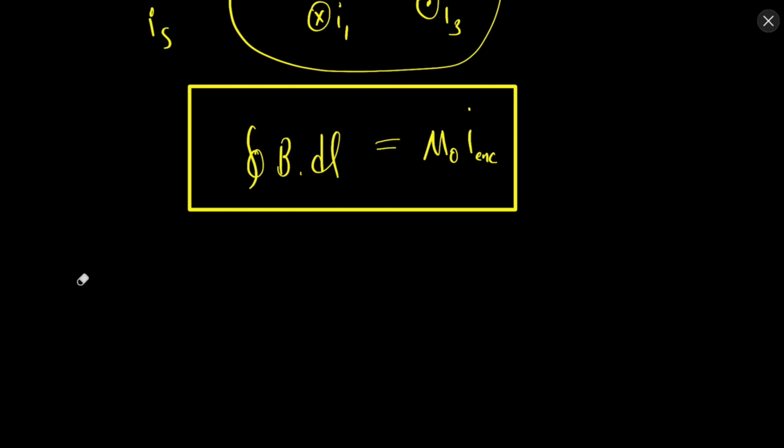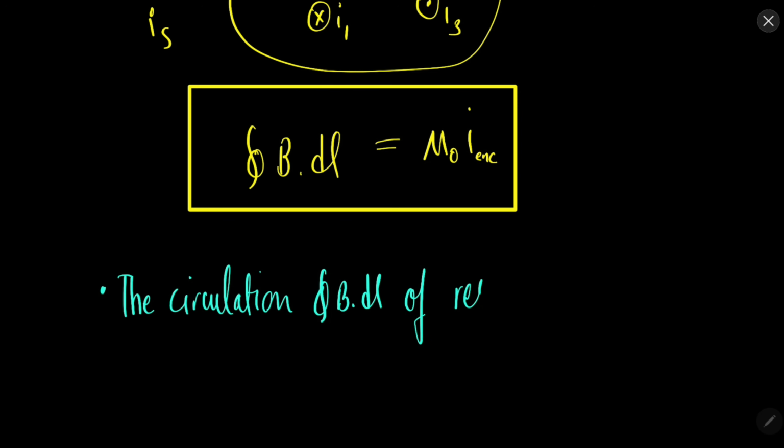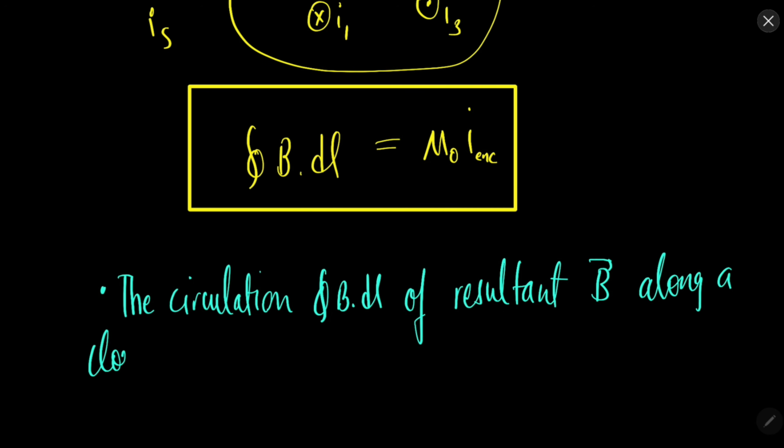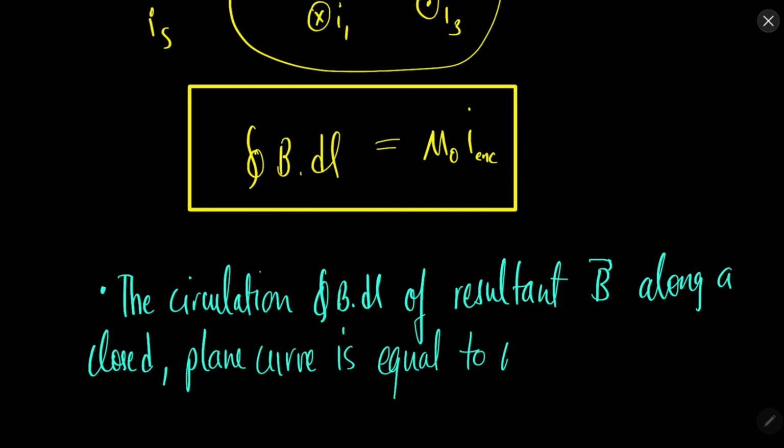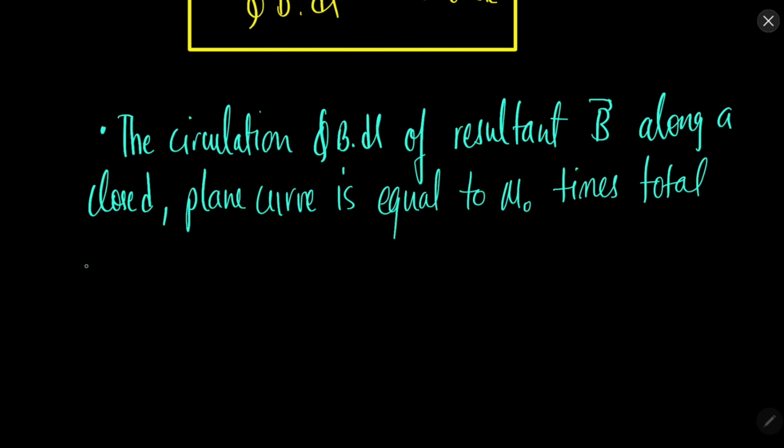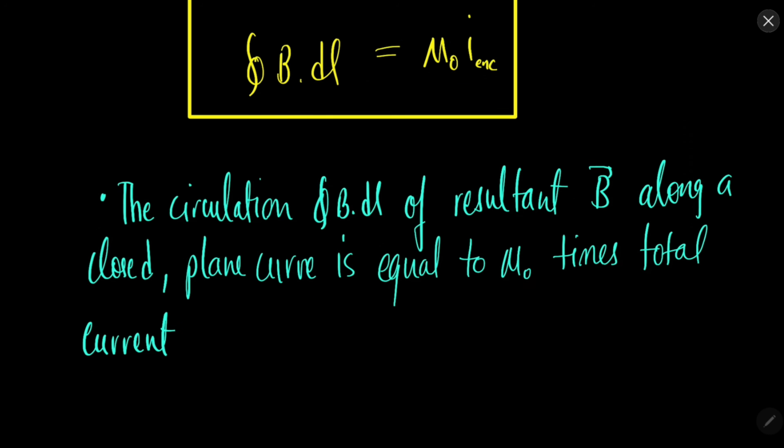So according to Ampere's law, the circulation of B dot dl of the resultant magnetic field along a closed plane curve is equal to mu naught times the total current crossing the area bounded by the closed curve, provided the electric field inside the loop remains constant. Remember, the current must be inside this loop.